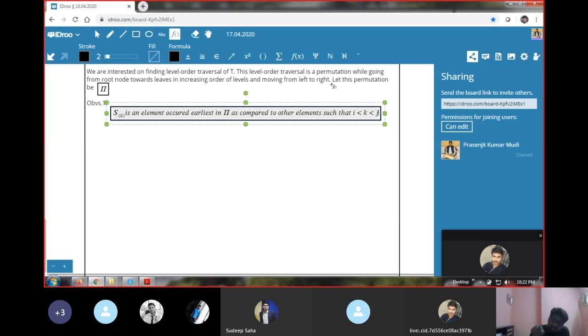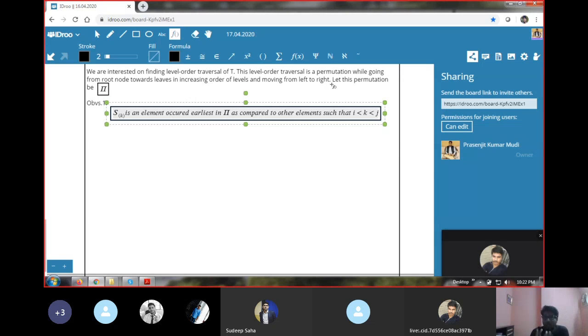So out of all these intermediate ranked elements, assume xk is one such element which has already occurred, which is occurred earliest in pi. This is the first element which is occurring in the permutation.